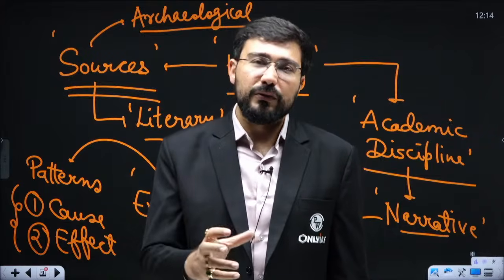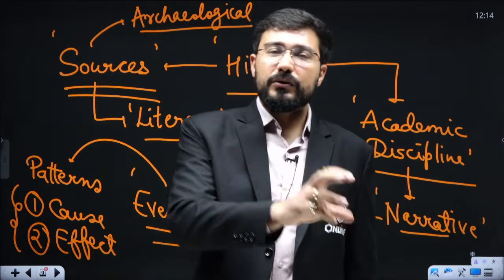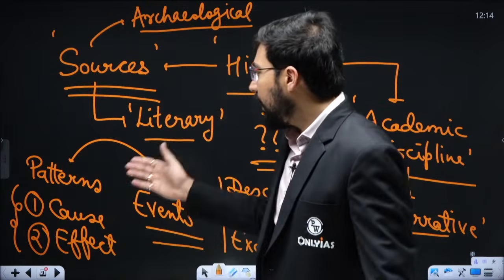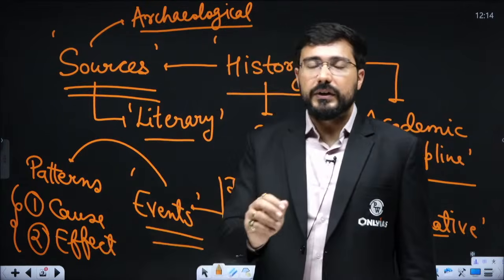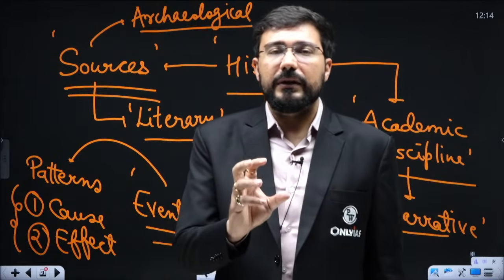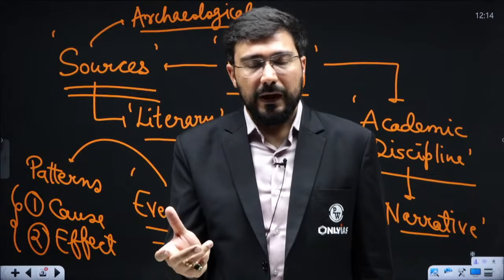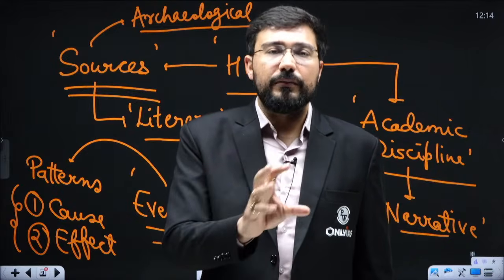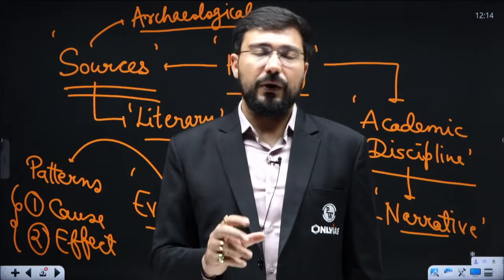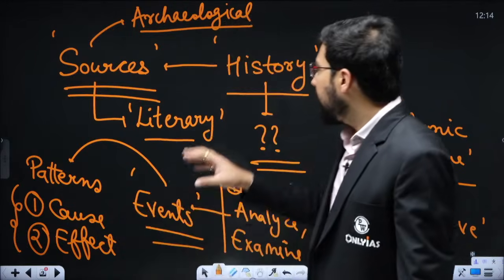In science also we always talk about the cause of some chemical reaction and what the outcome is. Just like that, in history also we try to find the cause and effect of everything. So many people say history also has this scientific bent of mind. It is not only arts, only subjective in nature. There is some level of objectivity in history also. This is exactly what we need to remember.